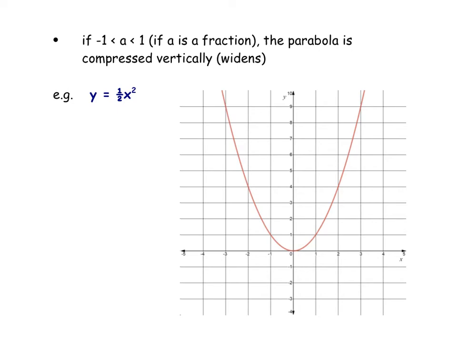We say that it is compressed vertically, or it is a vertical compression. So when I look at my function and compare it to y equals ax squared, the standard function, I can see that the value of a is 1/2. And that's what's telling me that this is a vertical compression.